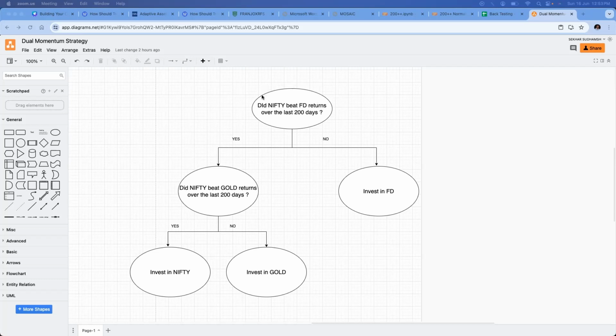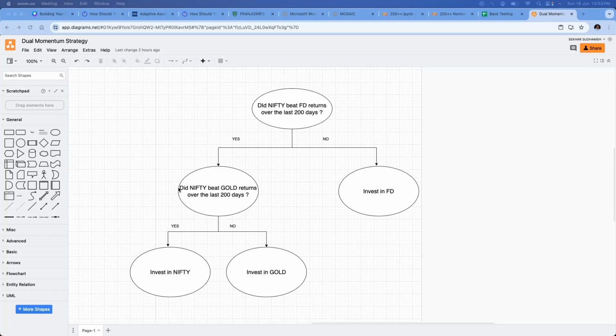Now, assuming that the absolute momentum criteria is met, then we have another logic to check, that is, did Nifty beat gold in the last 200 days in terms of returns? So first we have checked whether the Nifty is beating the FD returns or not. And now we are checking whether Nifty has overperformed gold or not.